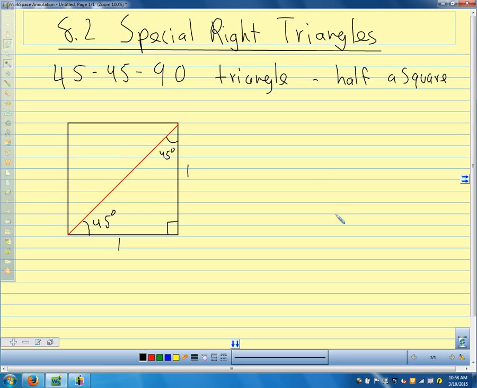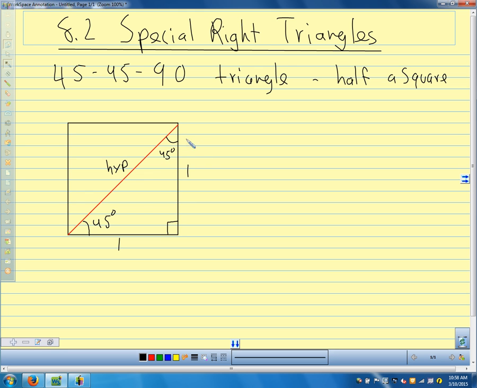All right, so let's find the length of the diagonal. What side of the triangle is a diagonal? The hypotenuse. So I'm going to label that hypotenuse. Since this is an isosceles triangle, the other two sides are the same. Two sides are the same, these two angles are the same. We call the other two sides legs.